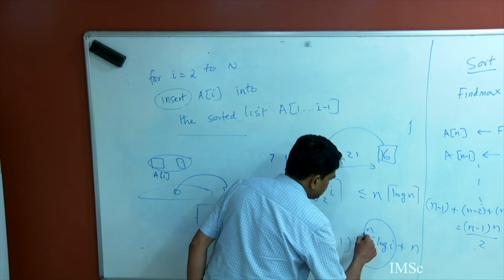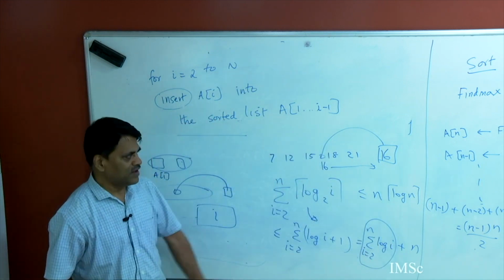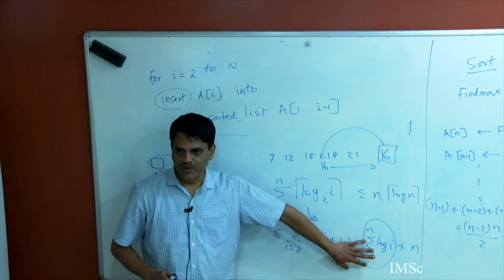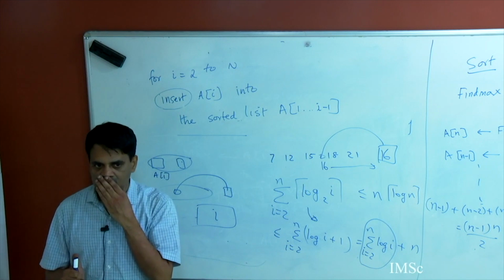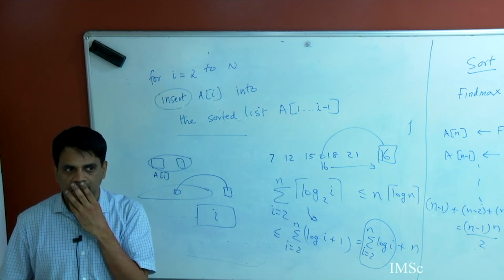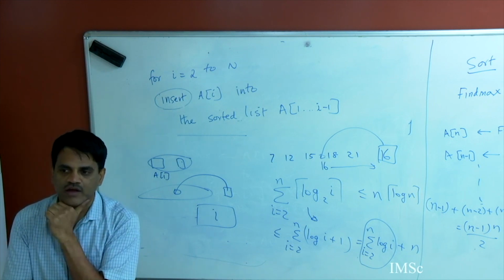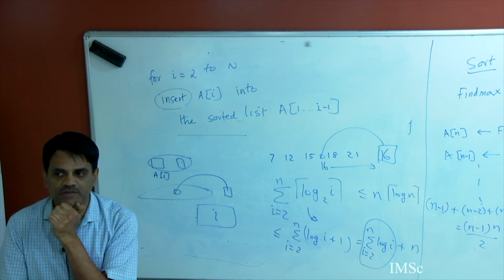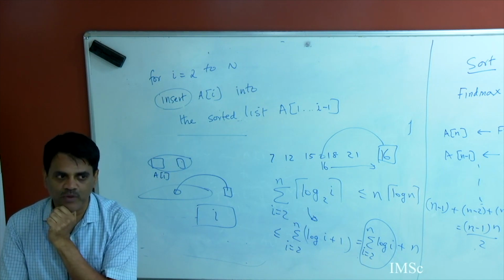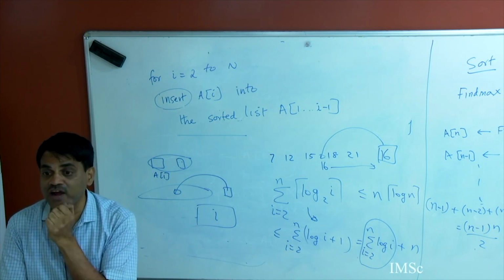And what is this? You can say it's at most n log n, but can you say a little bit more precisely what is the summation log I? By the property of log, the sum of the logs is what? Log of the product. What are we doing, this product here? Or rather 2 to n, it doesn't matter. Yeah. So what is that? Log of n factorial.